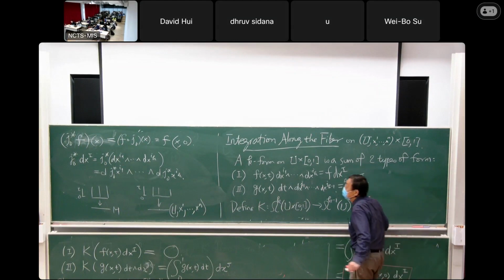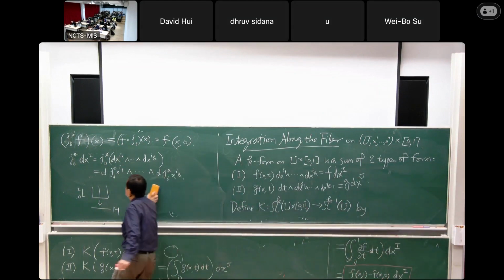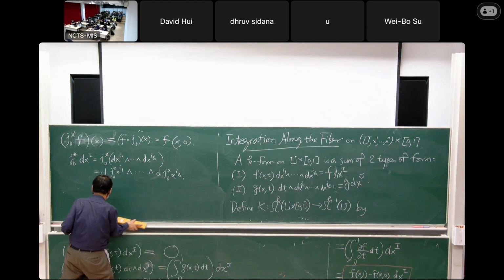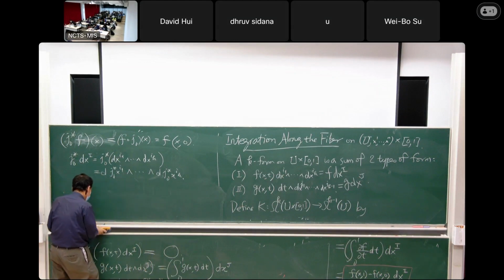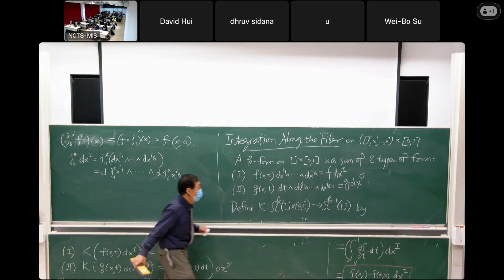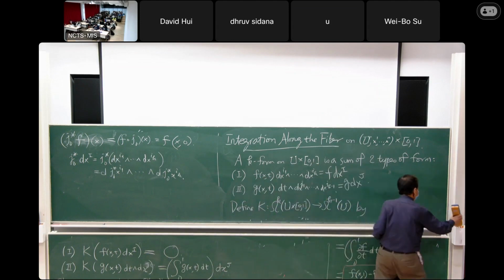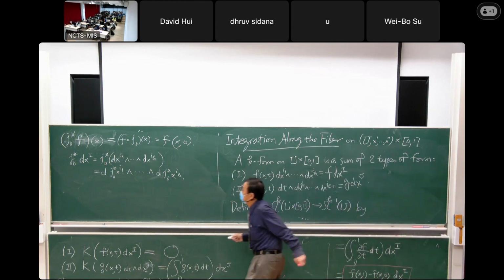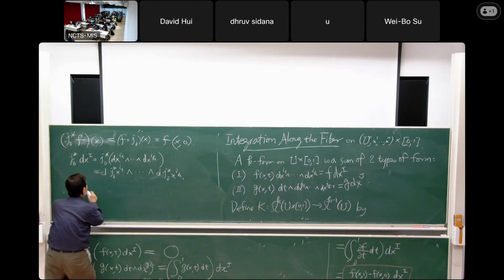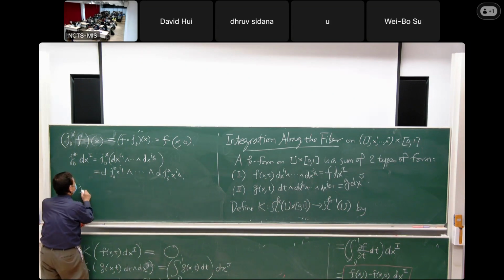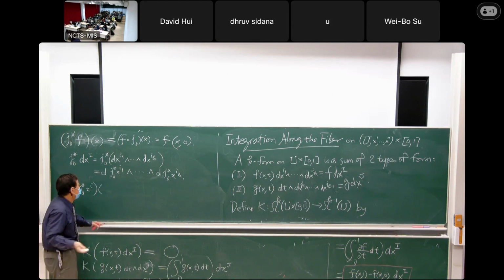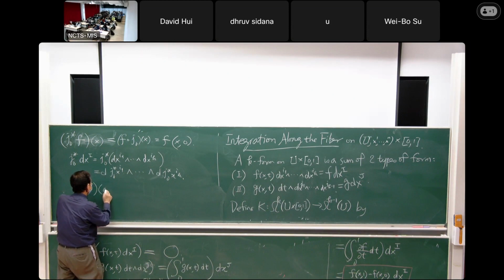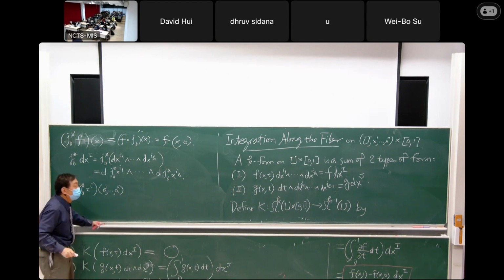And so I have to know what the pullback of xi is. The pullback of xi should be a function on U. So let's see what it is from a1 to an.